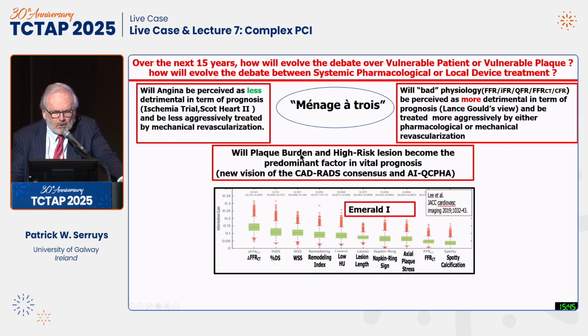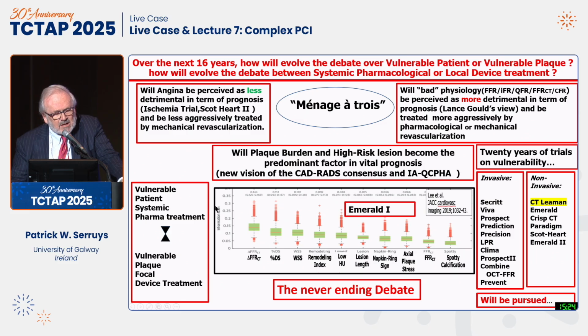Or will plaque burden and high-risk lesion become the predominant factors in vital prognosis? That's the new vision of the CAD-RADS consensus and ICFA, and I will come back on that. In EMERALD 1, 10 parameters have been described for the high-risk lesion, and it's a never-ending debate between vulnerable patient and systemic pharma treatment and vulnerable plaque and focal device treatment.